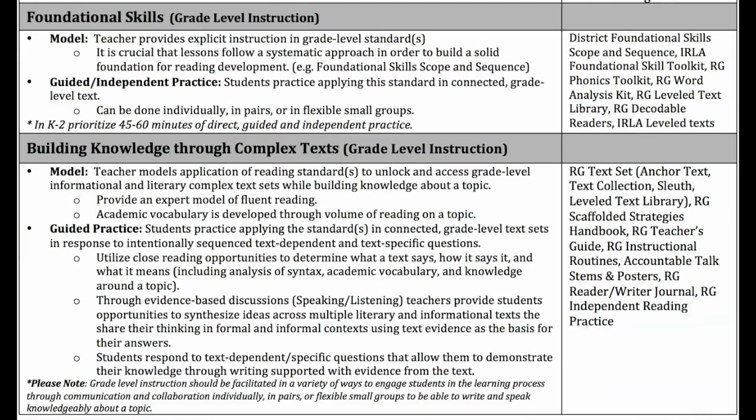We then move into grade level instruction of foundational skills or building knowledge through complex texts. Teachers should determine which of these two areas fits best in the progression of the lesson. Time should be given to both components and should be adjusted according to the needs of the lesson and your students.